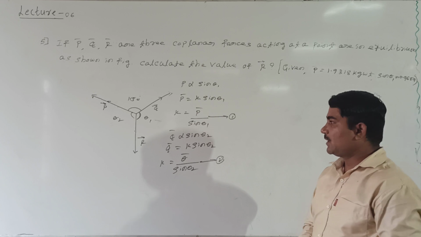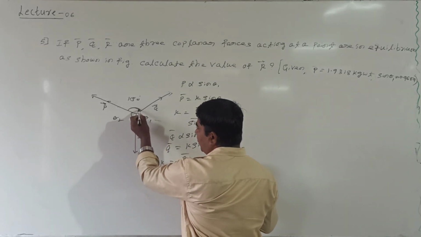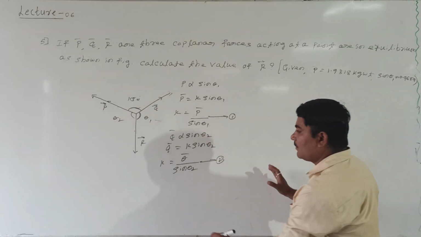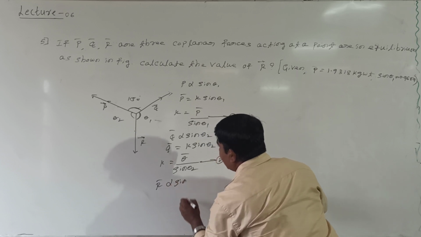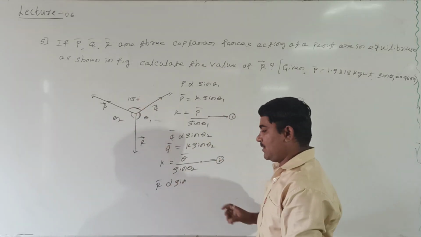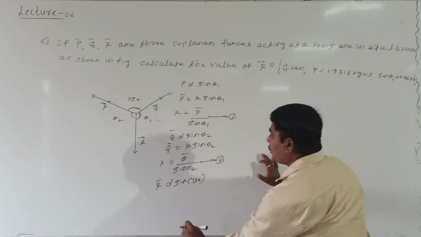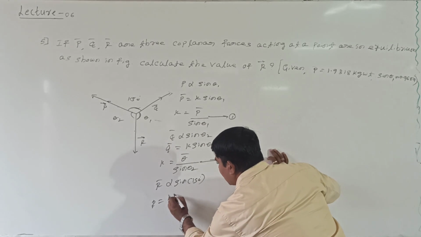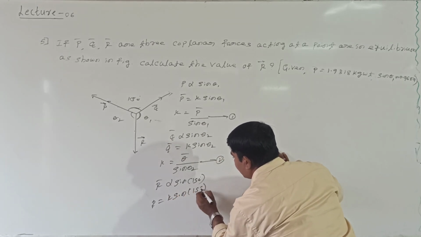Now, students, similarly R is directly proportional to the sine of the angle between forces P and Q. Vector R is directly proportional to the sine of the angle, which is 150, as given. So R equals K into sine 150.